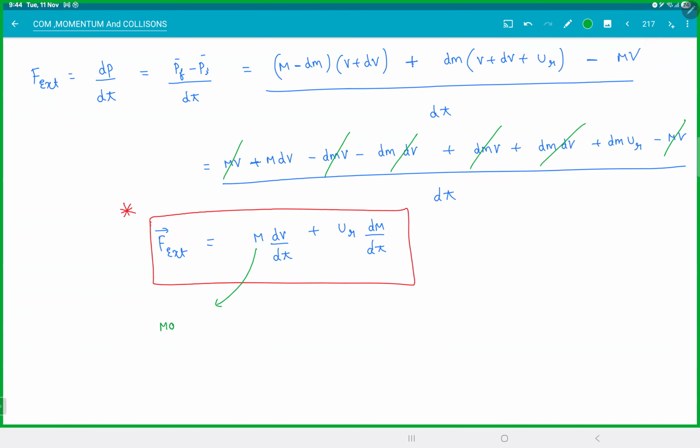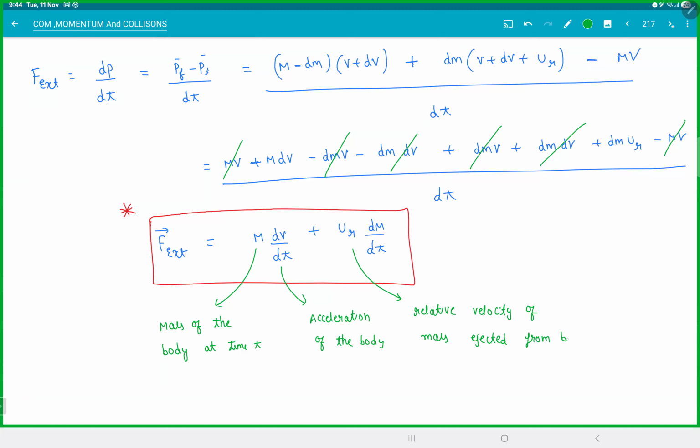This m is the mass of the body at time t. dv by dt is the acceleration of the body. u relative is the relative velocity of the mass ejected from the body. dm by dt is your rate of change of mass ejected with respect to the body.